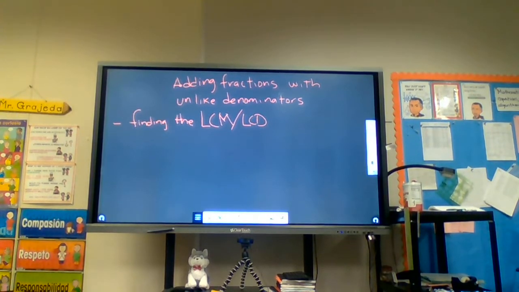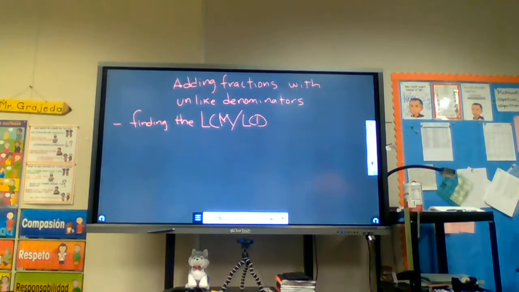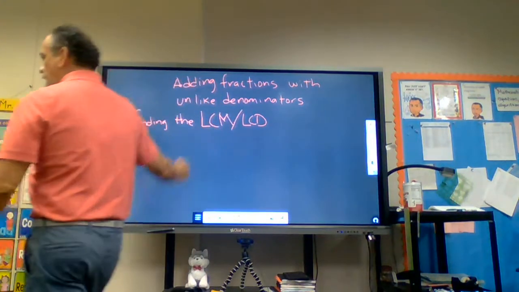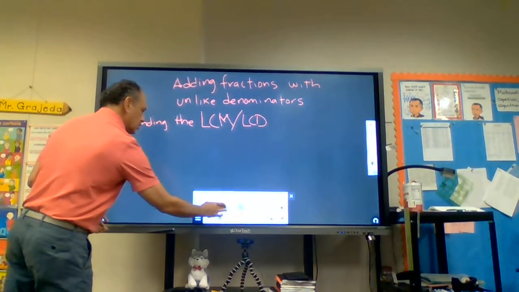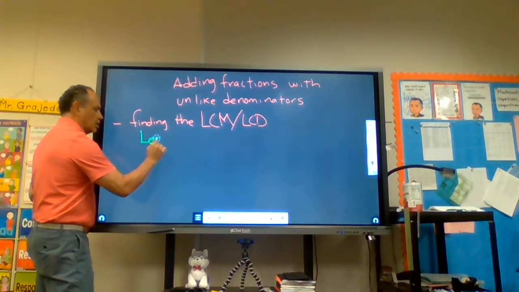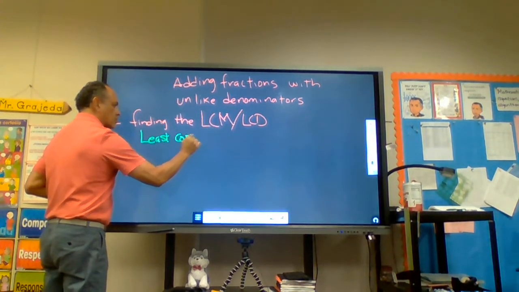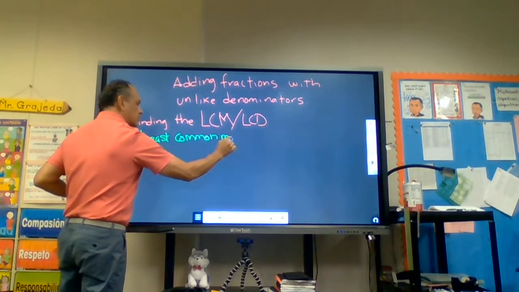Alright. So in order for us to have fractions with the same denominator, we need to find first something called the LCM or the LCD. Now, let me write this down. LCM stands for Least Common Multiple.